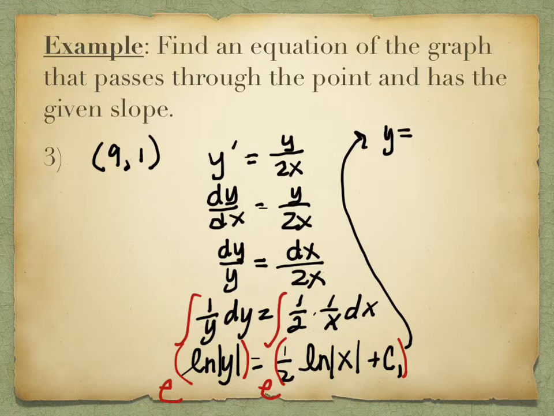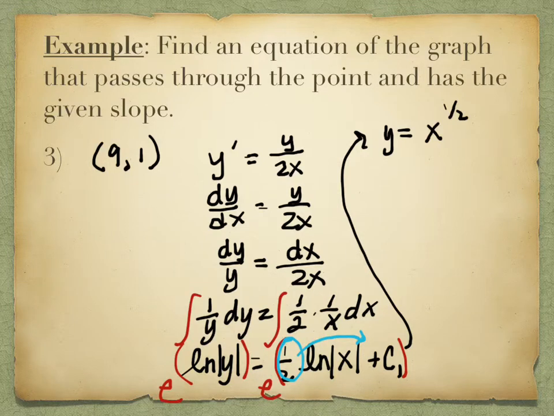Well, I can't just cancel the e and the ln right away. I have to deal with the fact that this 1/2 is right here. It needs to be an exponent on the x. So if I have that as an exponent on the x, that will allow the e and the ln to cancel and give me x to the 1/2, which is the square root of x. The other component of this, though, is e to the c.